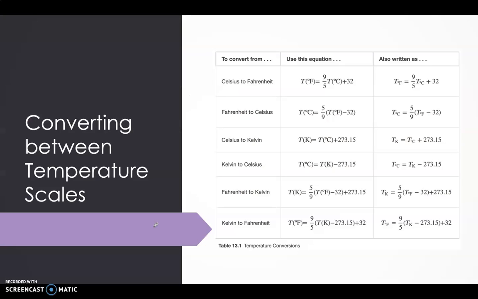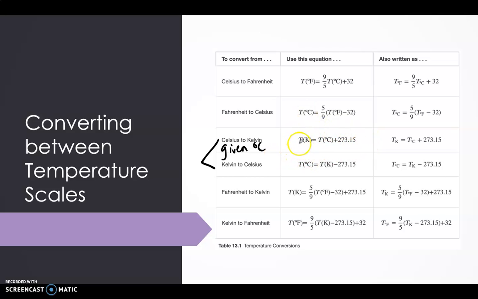So we can convert between these temperature scales. Okay, the simplest one would be from Celsius to Kelvin or Kelvin to Celsius. So from Celsius to Kelvin, if we're given Celsius as our temperature, we convert it in this way, okay?